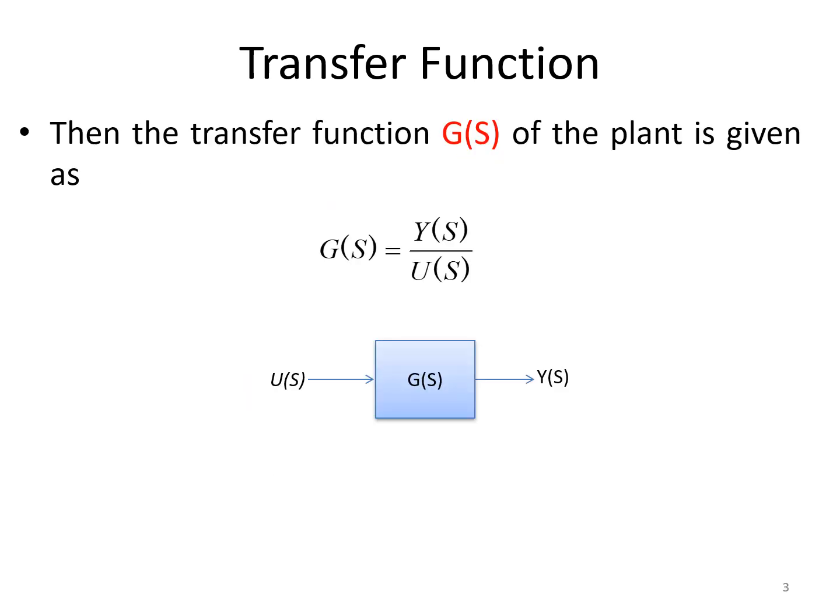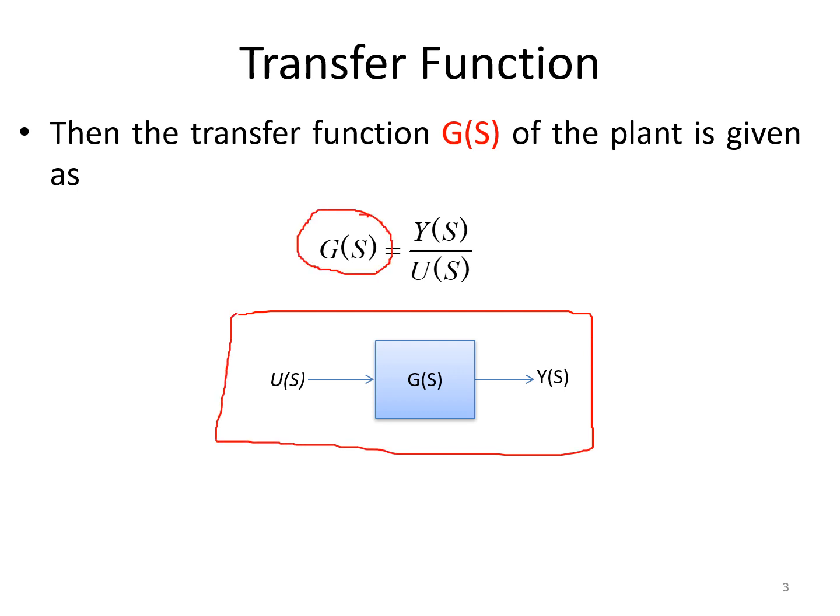Now if we take the Laplace transform for the input and the output of the given system, then the transfer function G of s is taken as Y of s by U of s, that is, the ratio of the Laplace transform of the output y to the Laplace transform of the input u. In the Laplace domain, the same system is represented like this, where G of s is considered the transfer function for the system.